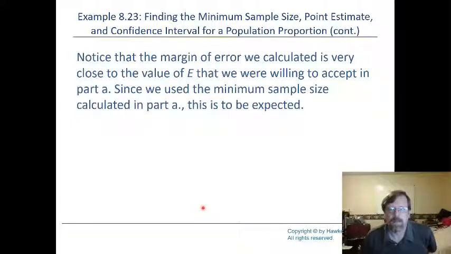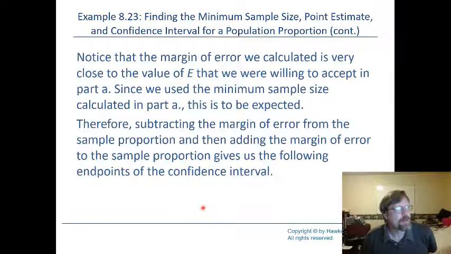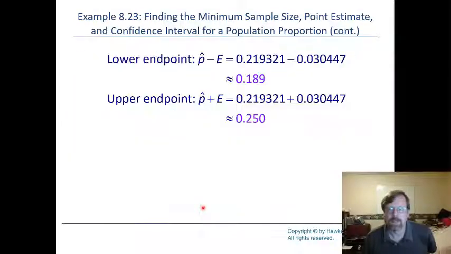And we can add and subtract that from our sample proportion to get our confidence interval, and that comes to 0.189 to 0.250, just subtracting our margin of error from the sample proportion and adding our margin of error to the sample proportion.